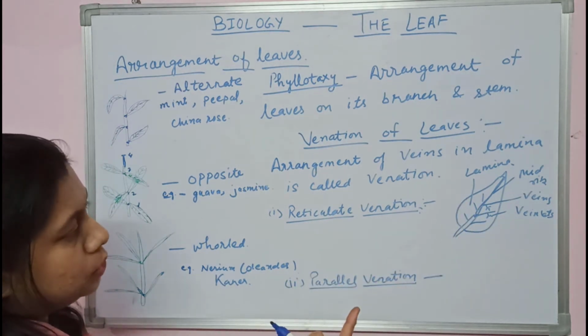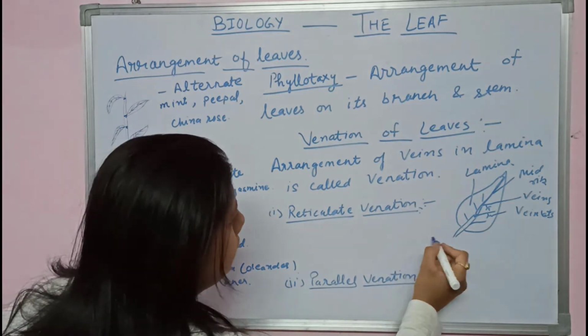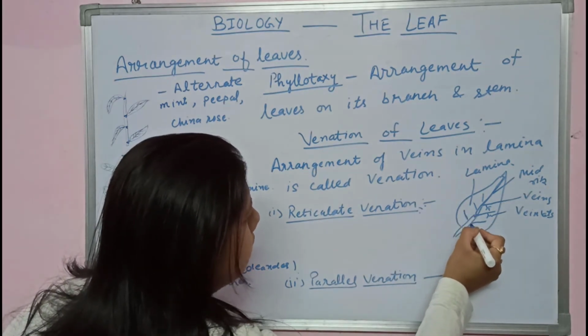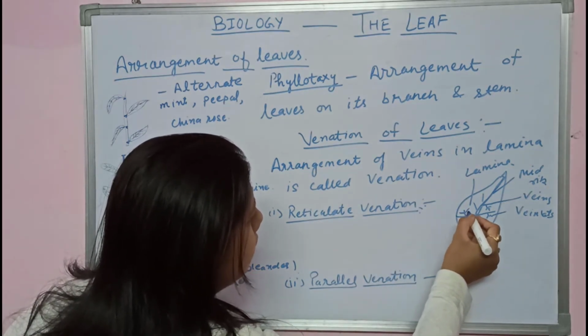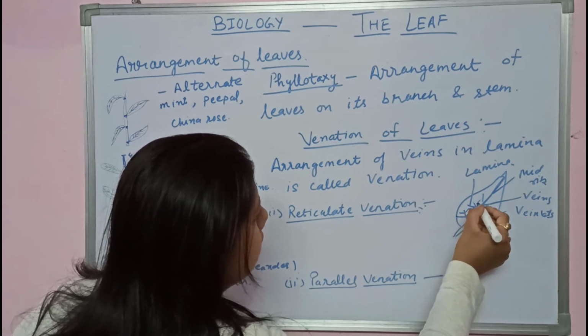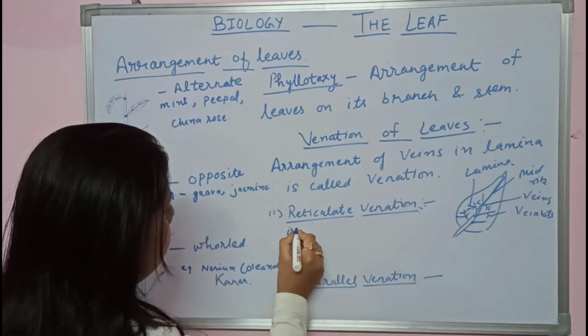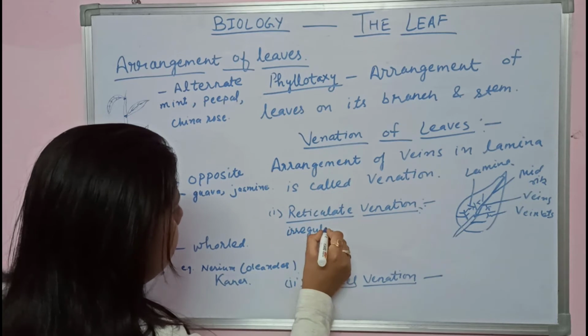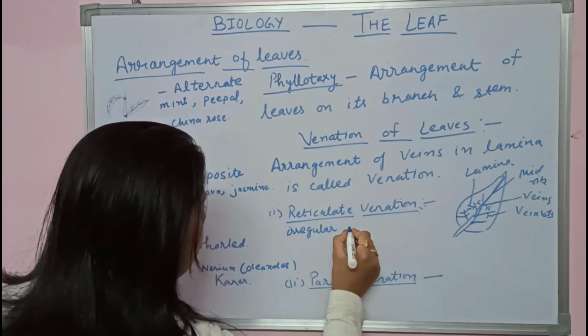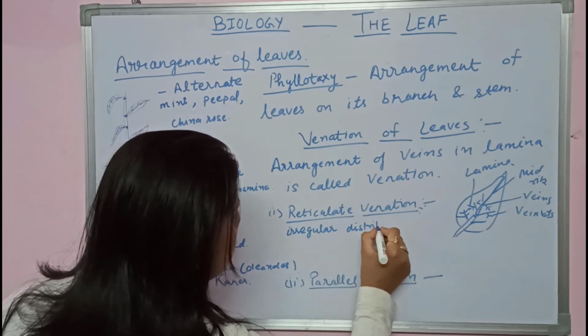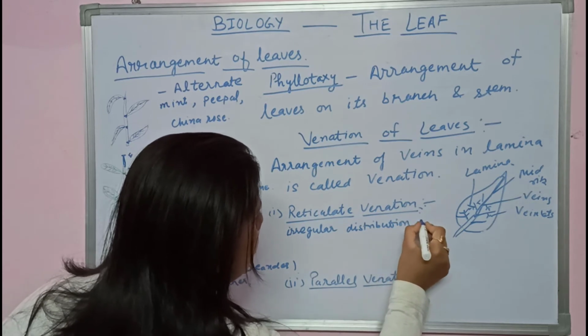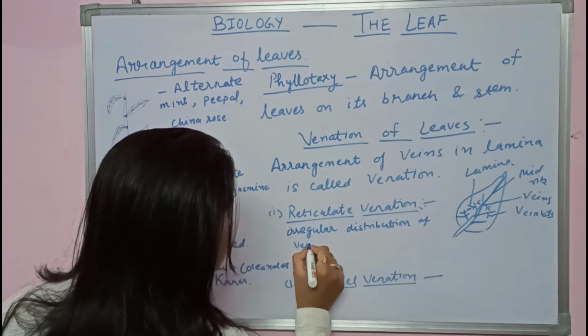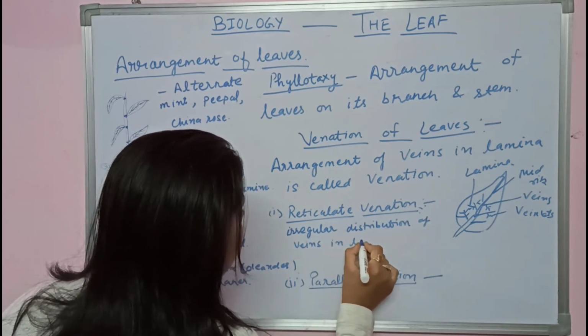As I showed you the peepal leaf last time, here it is like this, and an irregular pattern is present here. Irregular distribution of veins in lamina.